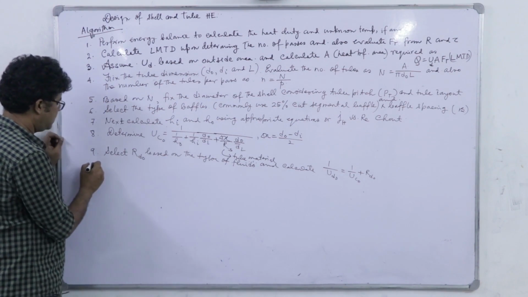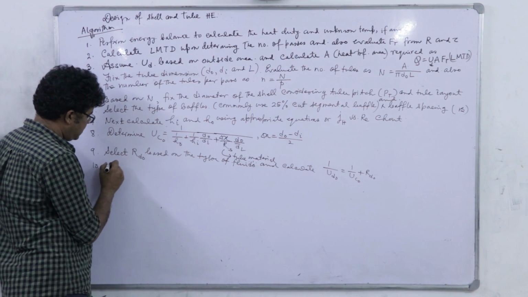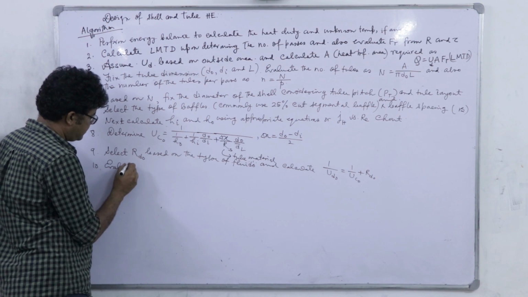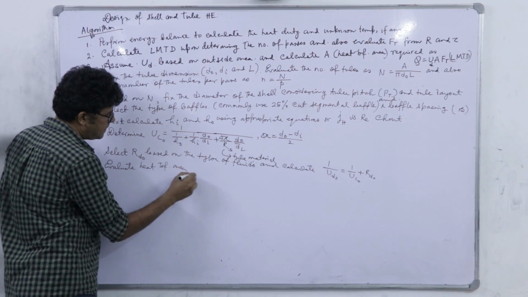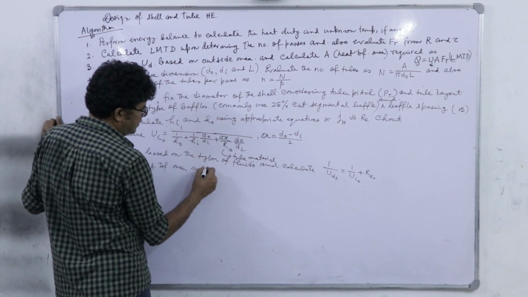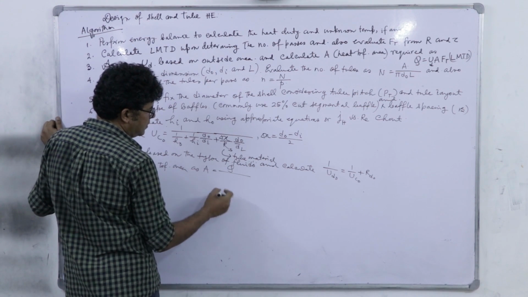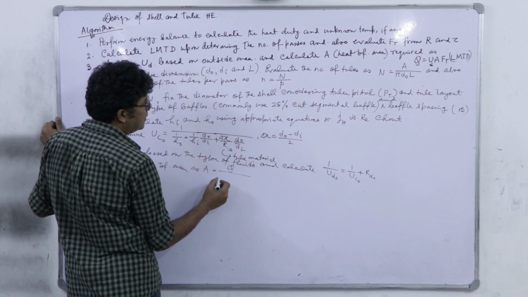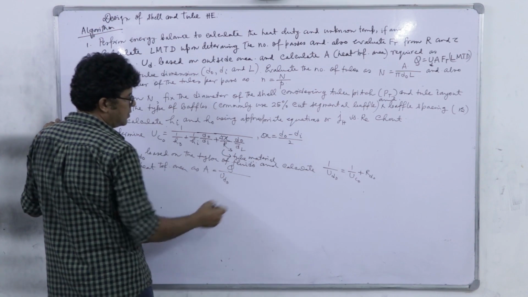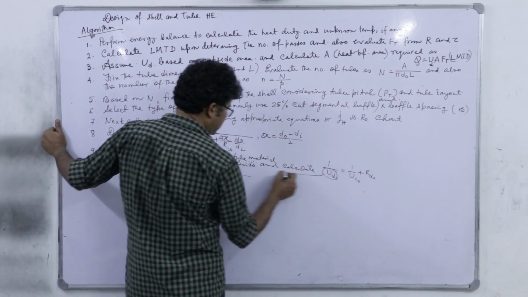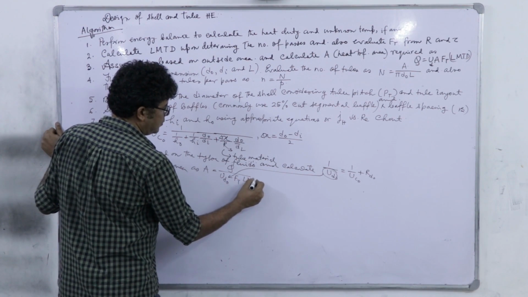Right. Evaluate the heat transfer area as A is equal to Q divided by the new UDO, to be used here, into FT into LMTD.